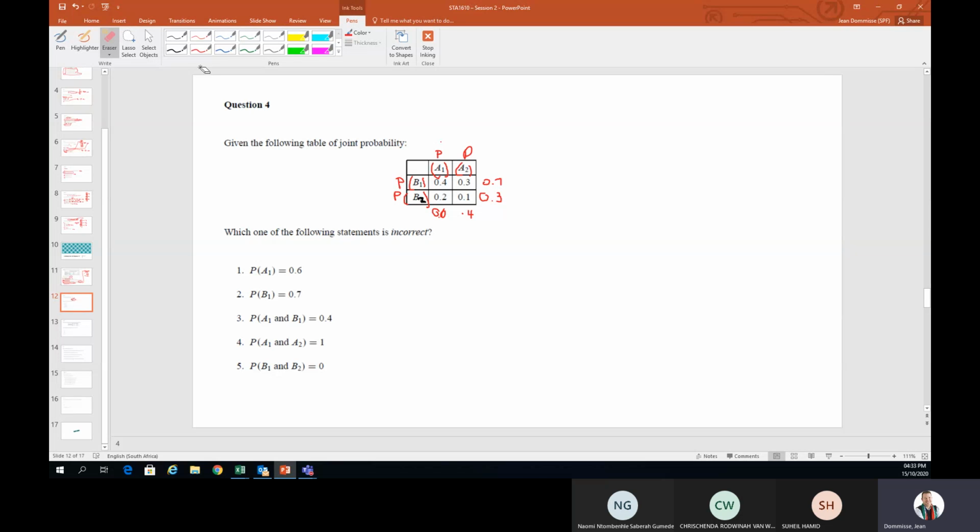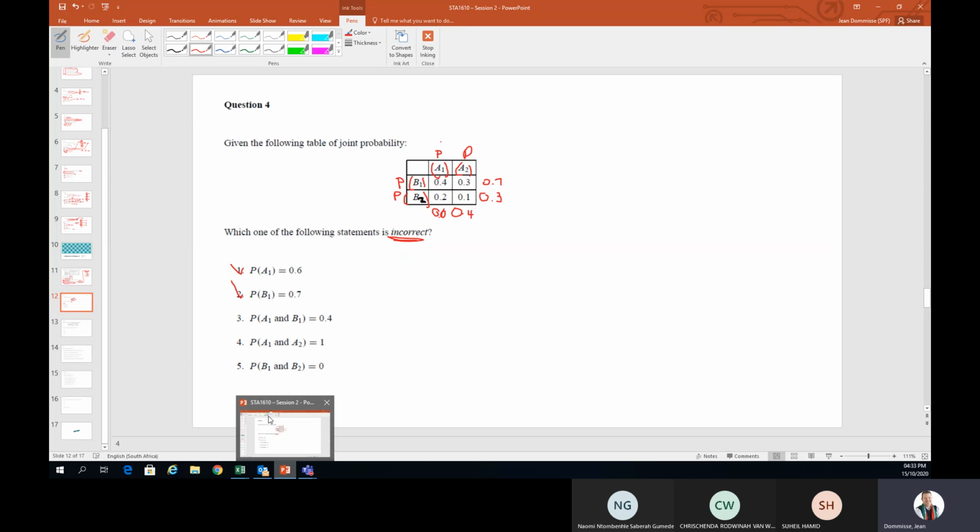Okay, so with that, probability of A1 we've done, it's correct. We are looking for the incorrect one, so we need to continue. Probability of B1, 0.7, so that is correct. The other ones we need to see if there is anything that we need to get in the table.